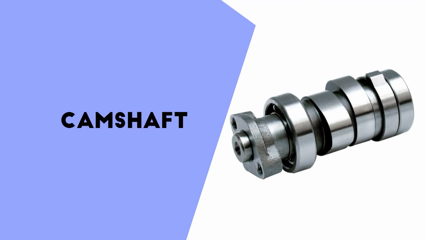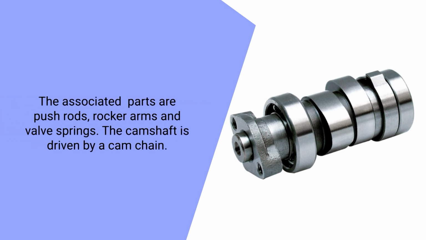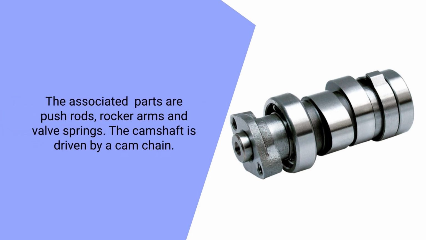Now, camshaft. The camshaft basically controls the opening and closing of the valves. In case of a 4-stroke, we have valves which open or close as the piston moves. The associated parts are the push rod, rocker arm and valve springs.